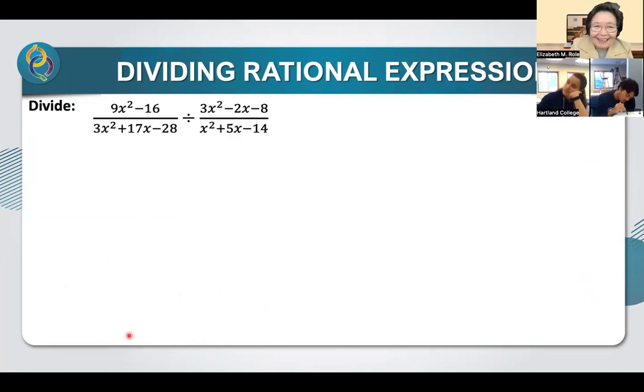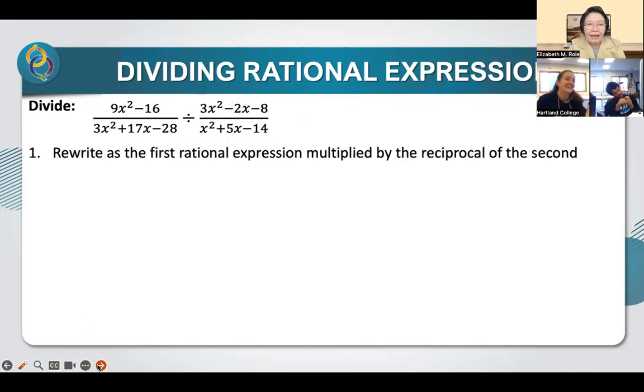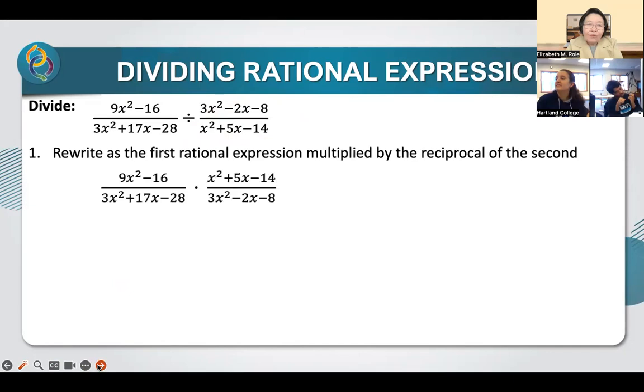With that understanding, I want to continue with division, because we will really be doing multiplication. Suppose I have 9x squared minus 16 over 3x squared plus 17x minus 28, divided by 3x squared minus 2x minus 8 over x squared plus 5x minus 14. What we will do is rewrite the first rational expression and multiply by the reciprocal.